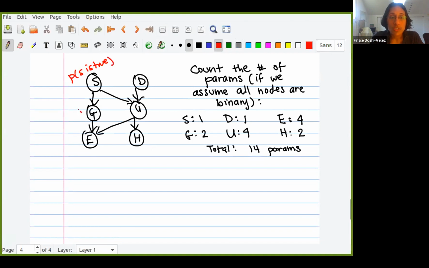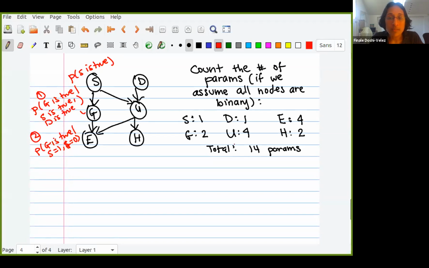And then for G, we're going to need a probability that G is true given S is true, D is true. That's like parameter 1. Then we're going to need a parameter for G is true given S. I'm going to start using zeros and ones here for all the different cases over here.